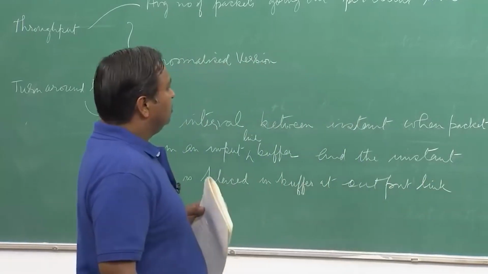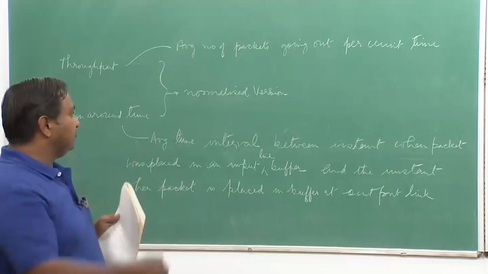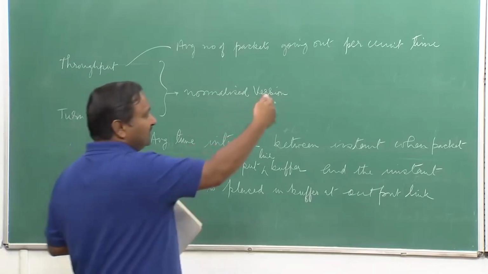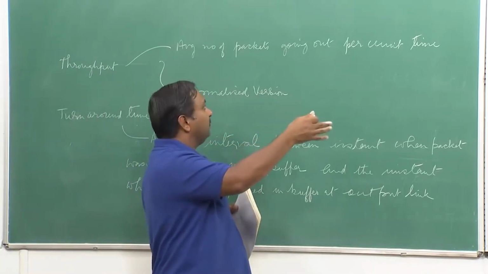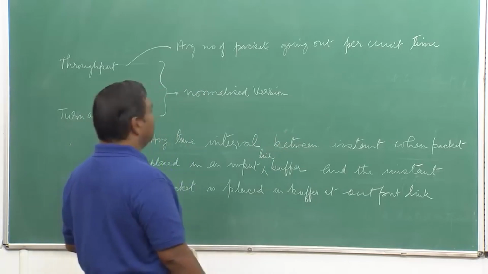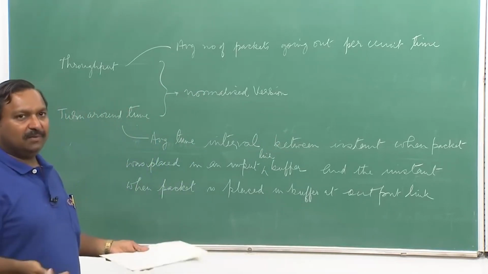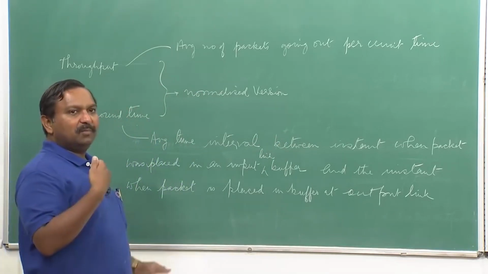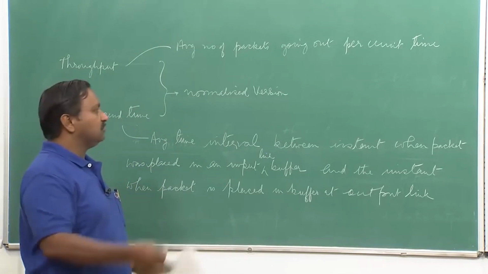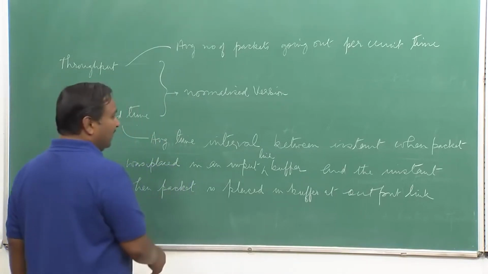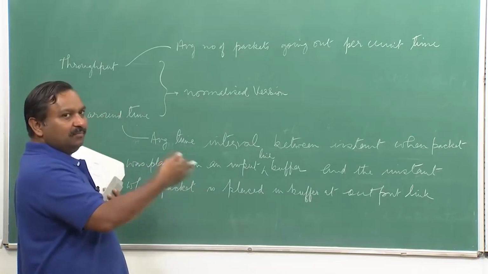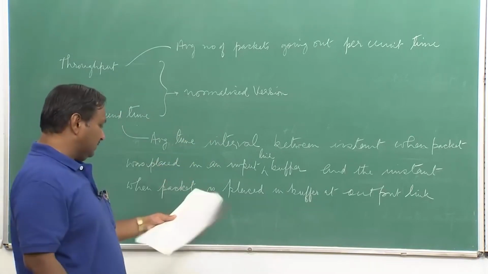If there are multiple stages, how many packets at the output port are going out per unit time per port, that will be the throughput. For total switch throughput, you find the total number of packets going out per unit time for the whole switch. Turnaround time is the average delay from input to output, that is what it means.